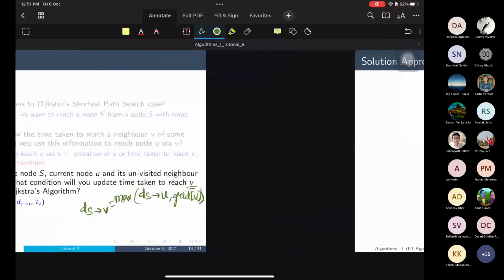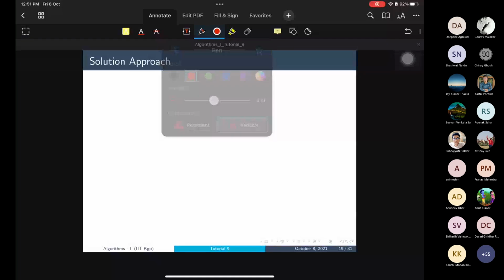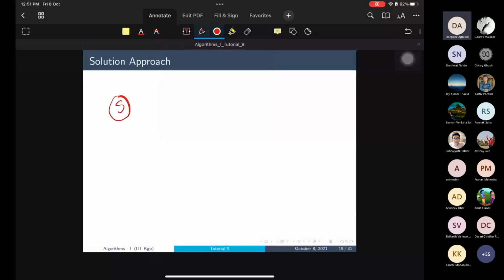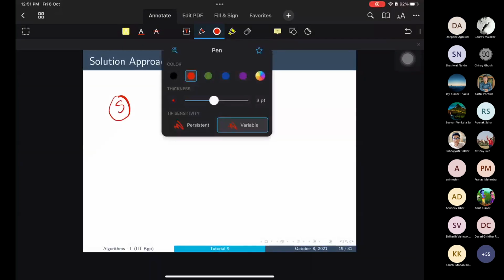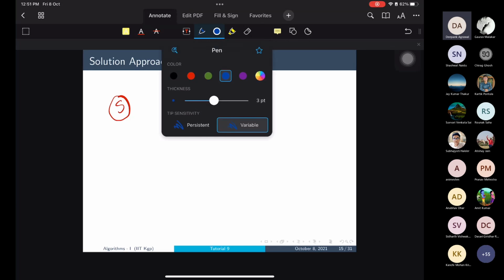Great. Okay, so let me explain it a bit better. So this is the source node S, and this is the node U, which we just got in the visited set of Dijkstra.